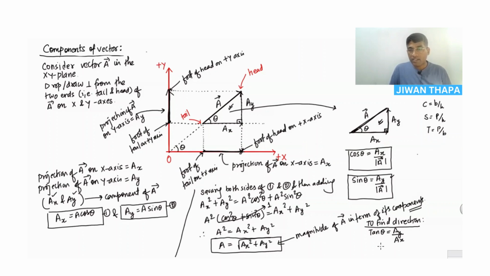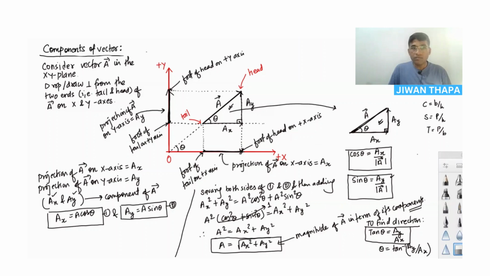We can find the direction from this expression, or we can simply write theta equals tan inverse AY by AX. This is to be noted.